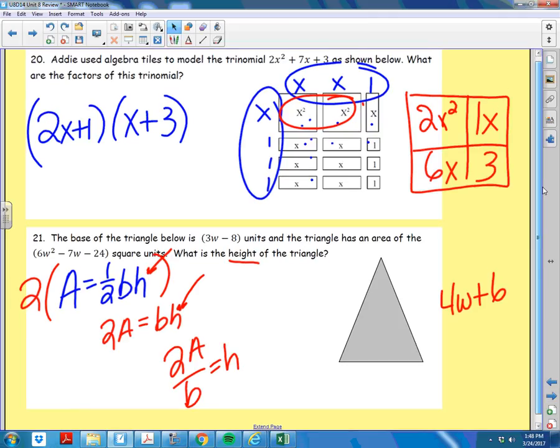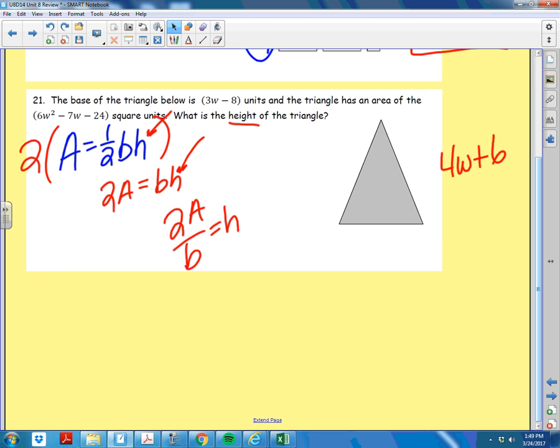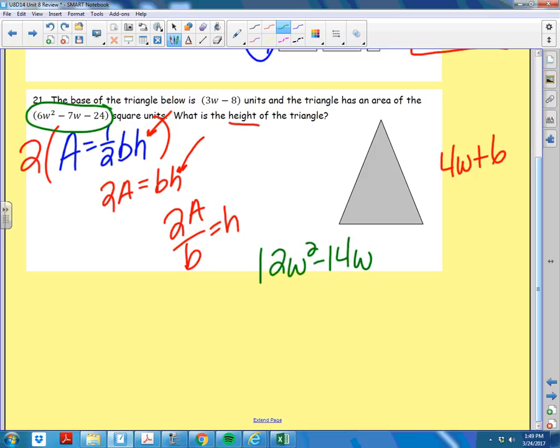And I'll show you why this is smart to do. Because now all I have to do is plug in what they gave me. 2 times this is 12w squared minus 14w minus 48. I just multiplied everything by 2. Divided by the base, which is 3w minus 8.